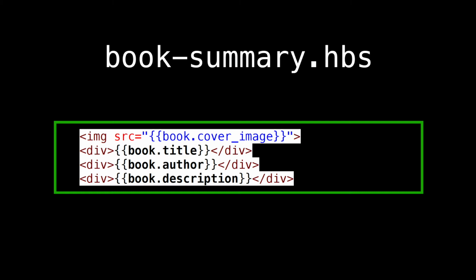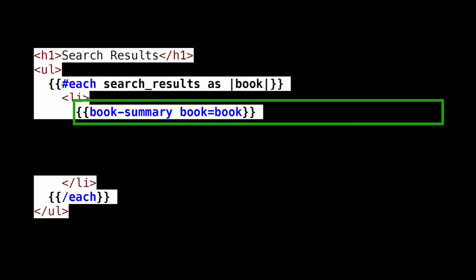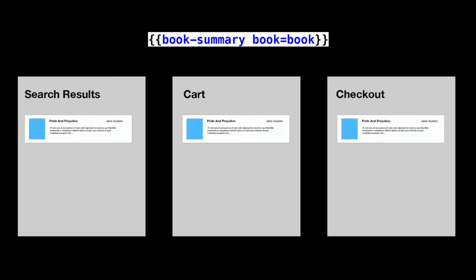And when we revisit our search results page, we can really reduce the complexity of that page. So now, instead of rendering each of our elements, the image and the divs containing information, when we're iterating through our list of search results, we can just show a book summary component and give it the book that we want to render, rather than rendering 4 different lines of HTML on this page.